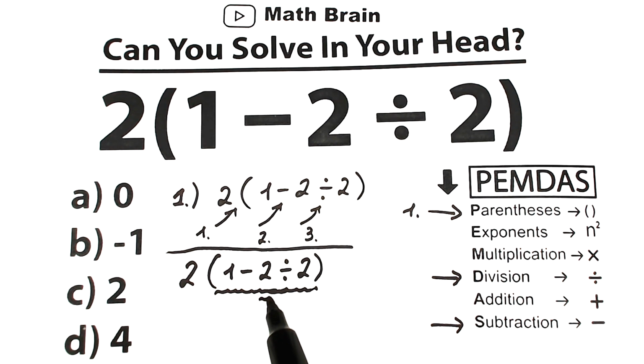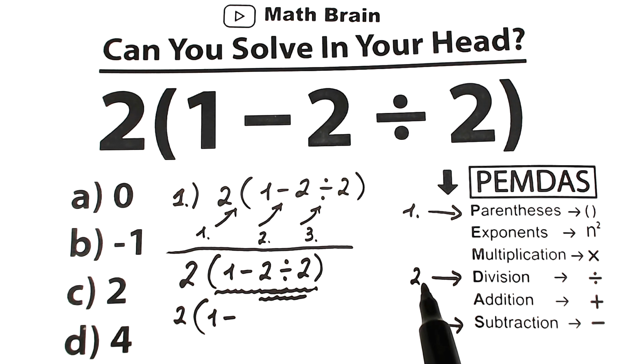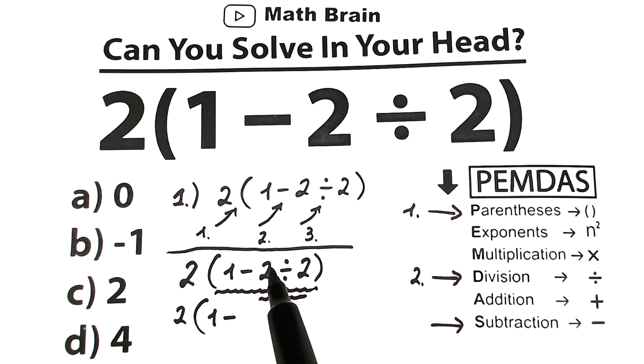So we start from 2 divided by 2, which is equal to 1. Now subtraction, because this is the last step inside the parentheses.